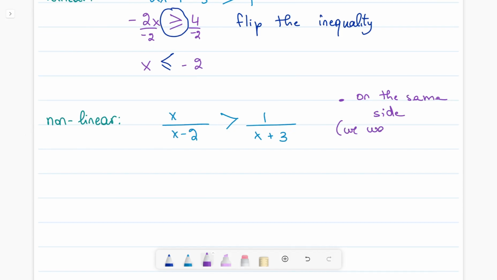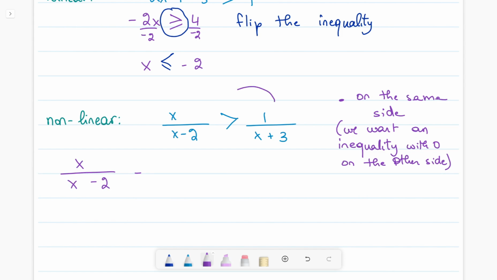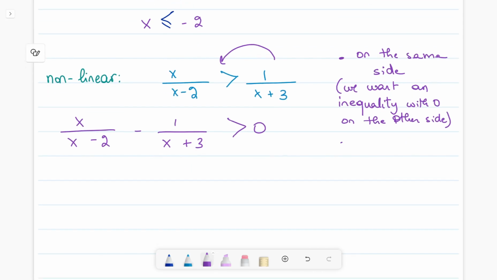We want an inequality with 0 on the other side. This is our goal. So we will try to reach this goal. So we will move 1 over x plus 3 to the left side. And now we will simplify.